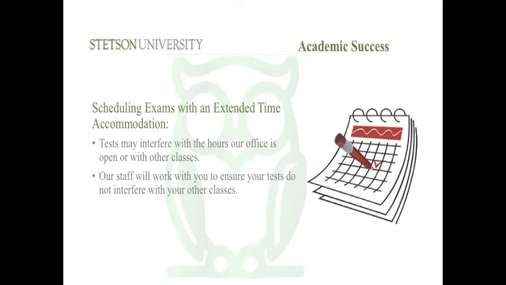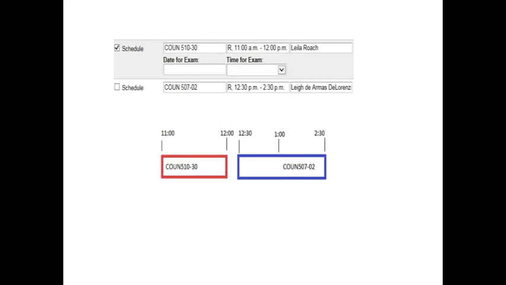Please note, if you are registered in our office with an extended time accommodation, meaning you receive extra time to complete your quizzes or exams in our office, your exam time may interfere with the hours our office is open or with other classes you have later that day. For example, as you can see here, I have 2 classes on Thursdays.